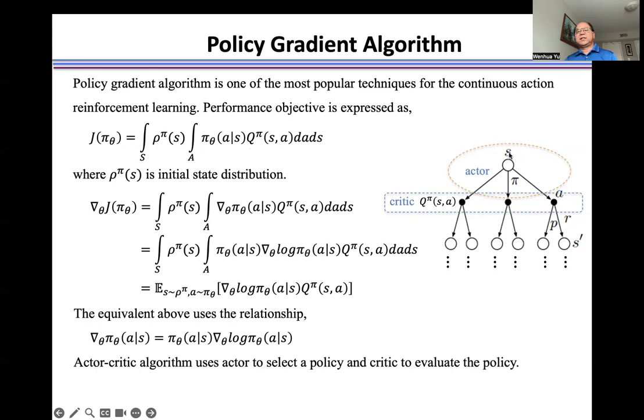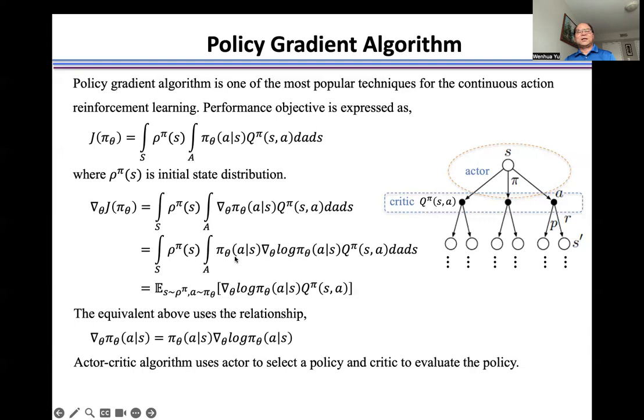This is the state value function and the action value function. Once we have this objective function, we can calculate the gradient of the objective function with regard to the policy parameter theta in this formula, and to express this integral as an expectation, we need to use this relationship to get this one.